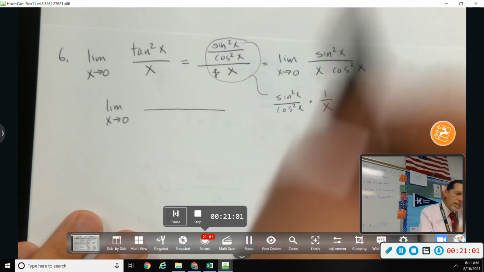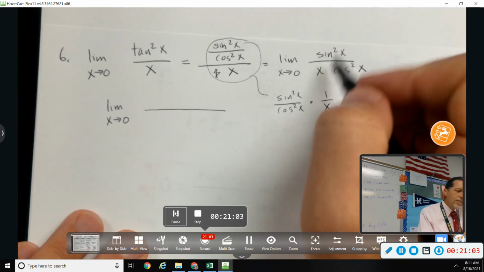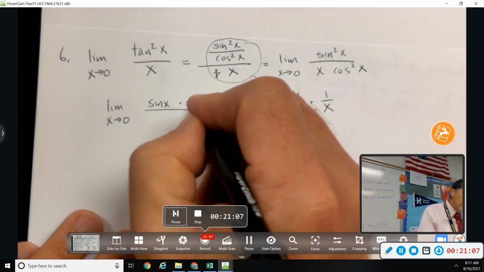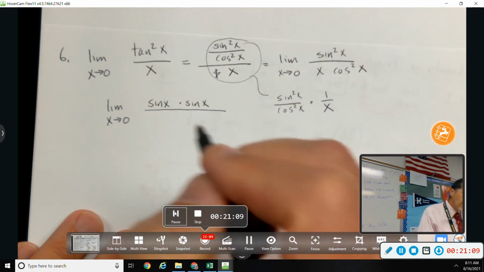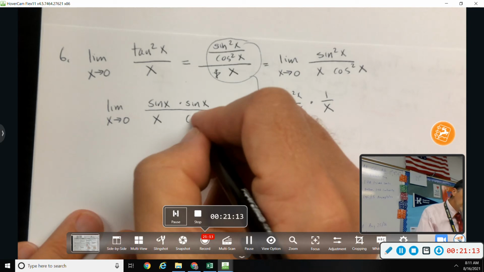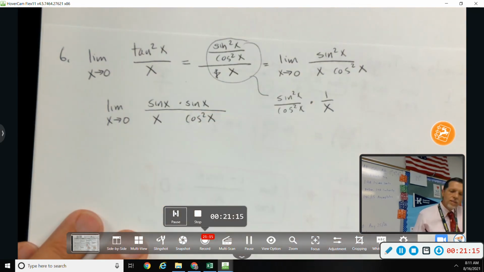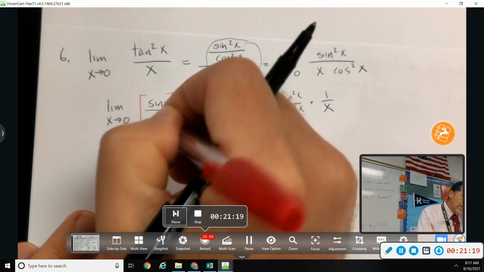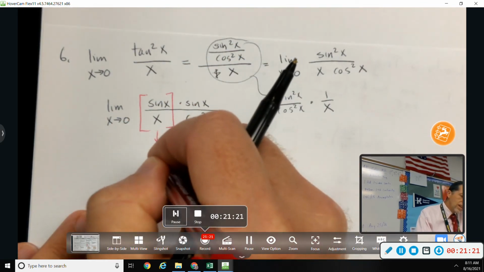So back to here, I know that sine x over x would help. So I'm going to rewrite the top as sine of x times sine of x, and the x down there, cosine squared x. Because now I can group that. That gives me 1.